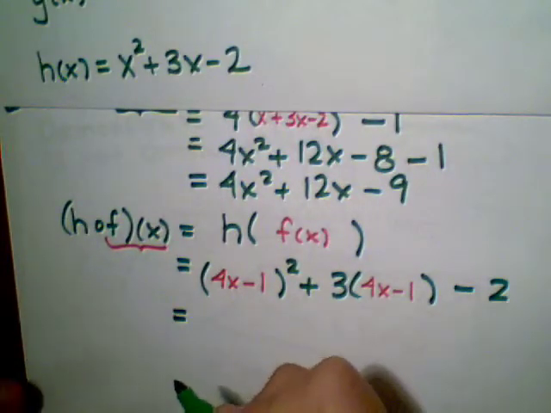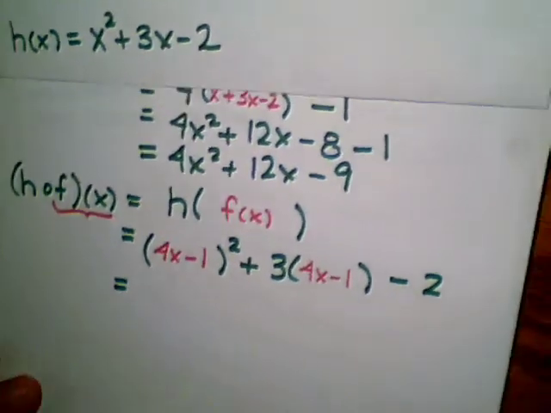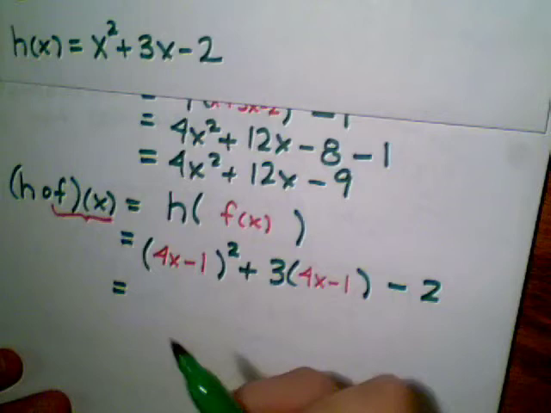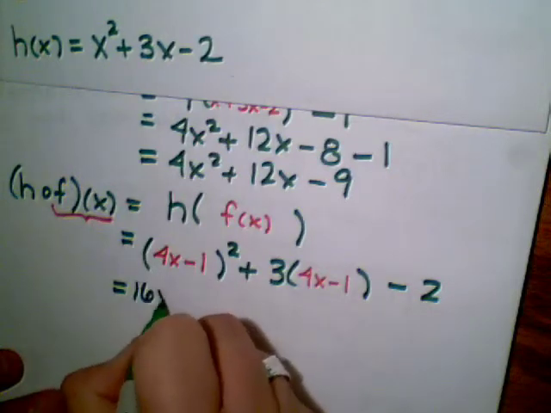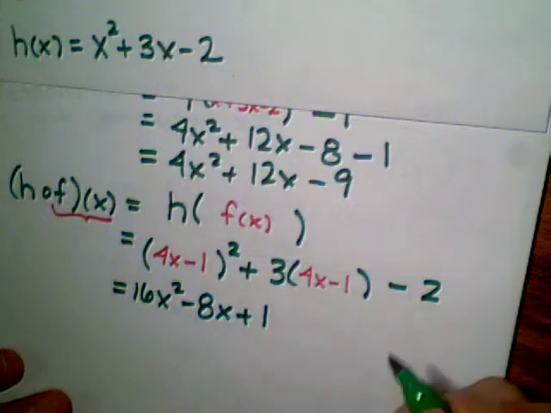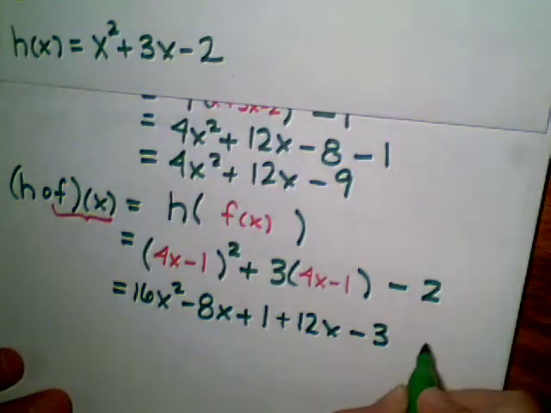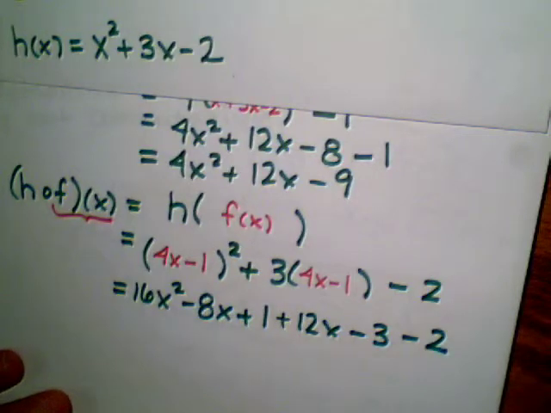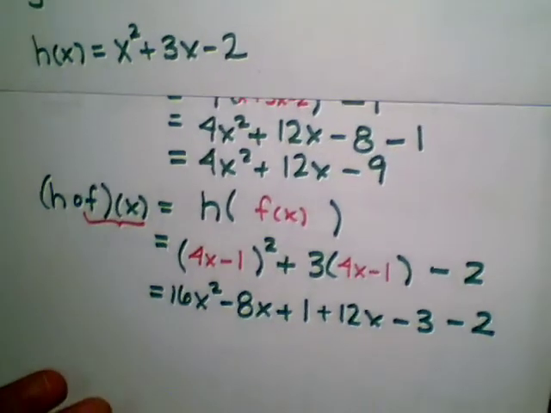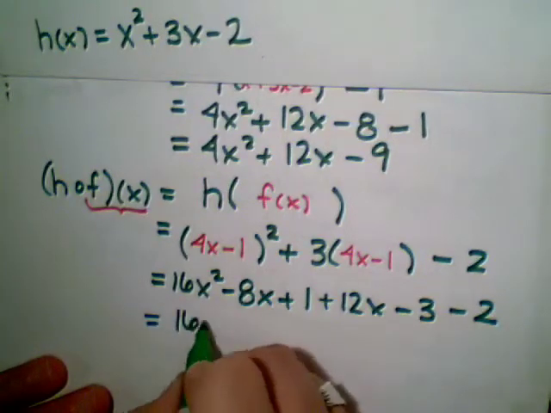Okay, you might want to pause and do the FOIL and the distribution. The result of squaring this first term would be 16x squared minus 8x plus 1. The result of distribution would be a positive 12x minus 3. We still have the constant negative 2 at the end. And collecting like terms, I just see one quadratic term.